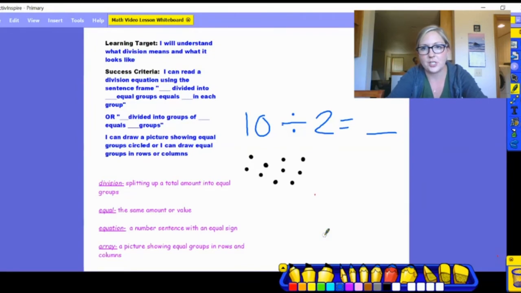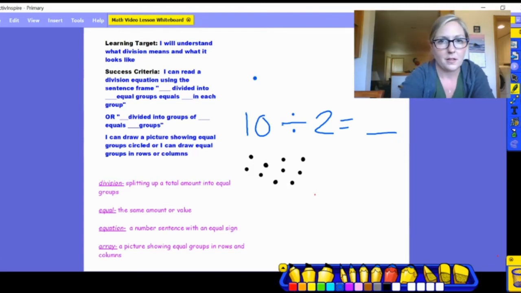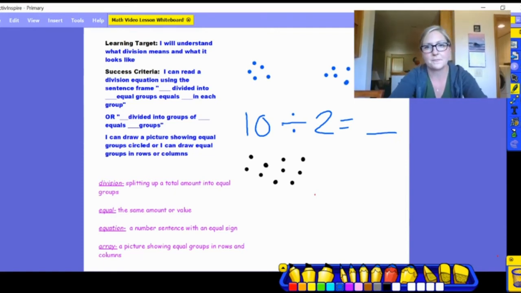equally between 2 people. Now let's look at a division equation that matches that little situation I just demonstrated with the cereal, sharing 10 pieces of cereal equally between two people. And we saw that if we did that, and we gave one piece of cereal to me, one piece of cereal to Lucy, and we kept going, there's 4, 5, 6, 7, 8, 9, 10.